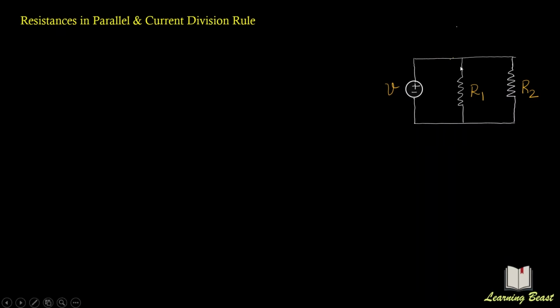So let's start. I am taking one circuit that contains two resistances R1 and R2 in parallel. Suppose the current flowing through R1 is I1 and the current flowing through R2 is I2, whereas the total current is I. Then from Ohm's law, I1 is equal to V by R1.